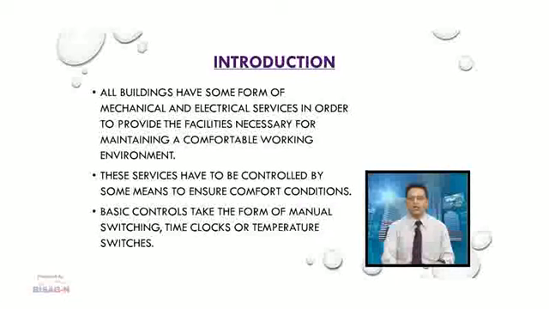Firstly, in buildings we have different mechanical, electrical and other components that provide for a comfortable and a working environment for the building. In order to achieve this, we have to control these services to get the desired output from the building. Now these are basically controlled manually or from electrical switches of different types.